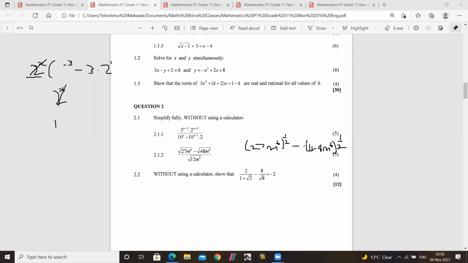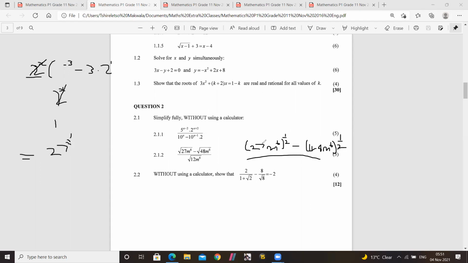Then you're going to do the same thing for the denominator. I'll continue with the numerator; I won't do the denominator. So what are the exponents for this? You're going to say 27 to the power of a half.